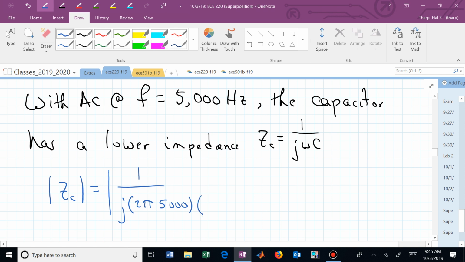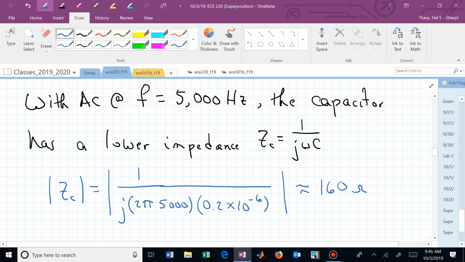C was some microfarad, which is 10 to the minus 6. And if you go through the numbers, what's the magnitude of j? That's 1, so we don't need to worry about that. We just have numbers in the denominator. We multiply all of that out, and you'll end up with this being about 160 ohms.